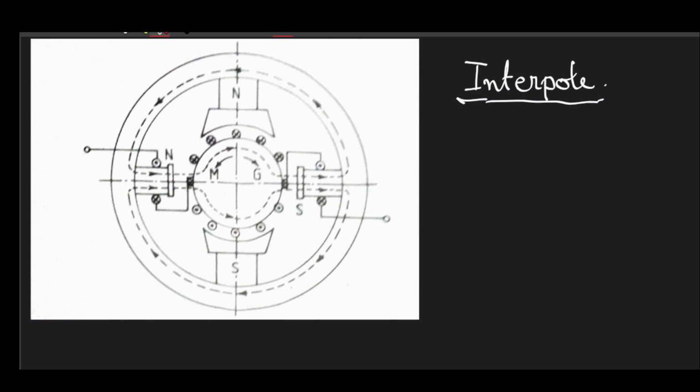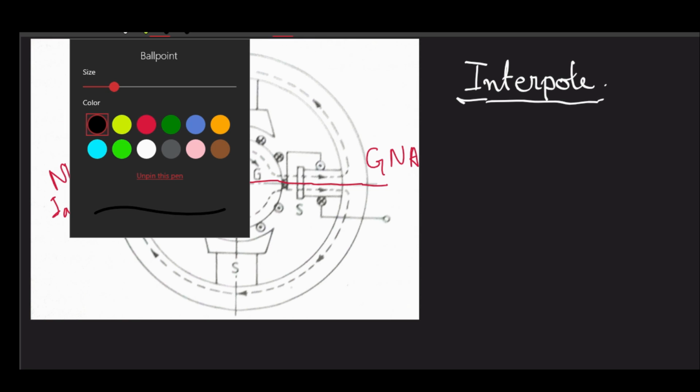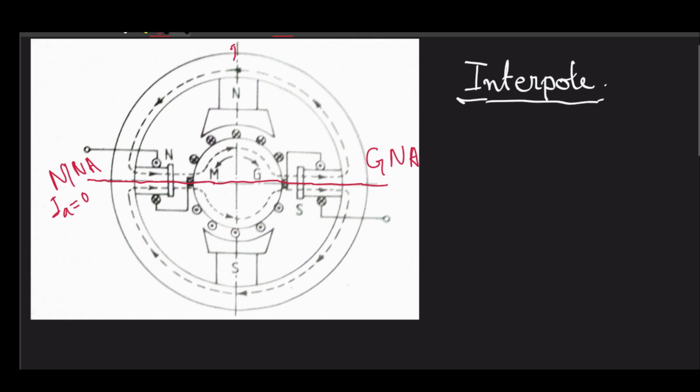This is your normal location, this is GNA, this is also MNA for IA equal to 0. Now when you load your generator, what will happen?